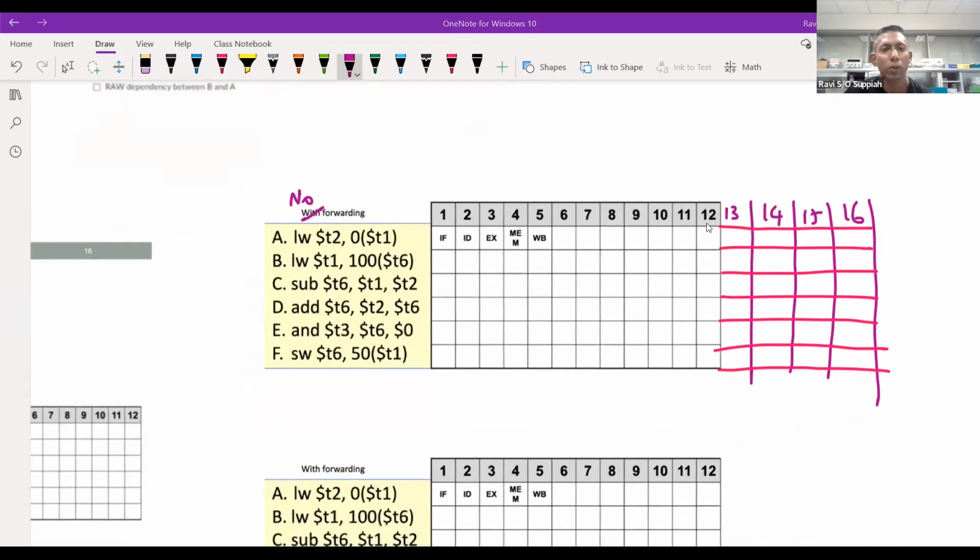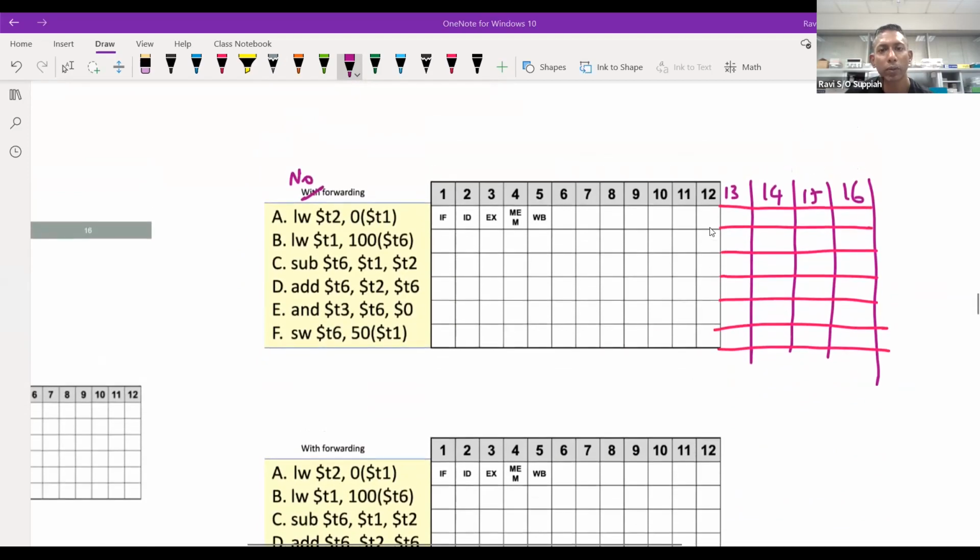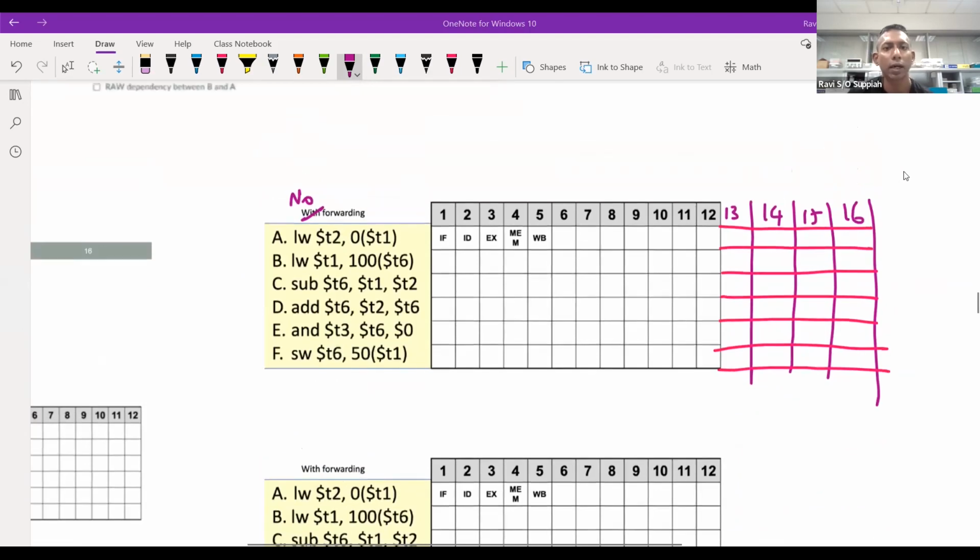Okay, so coming back to this, we will look at the case of no forwarding first. So in this first case, the first instruction is fetched. For the second instruction, we are updating T1. So it is write after read, so there is no dependency there.